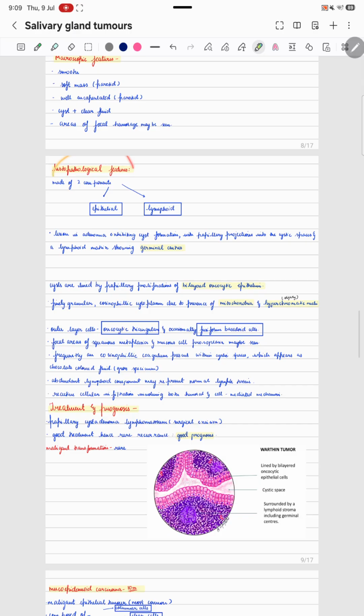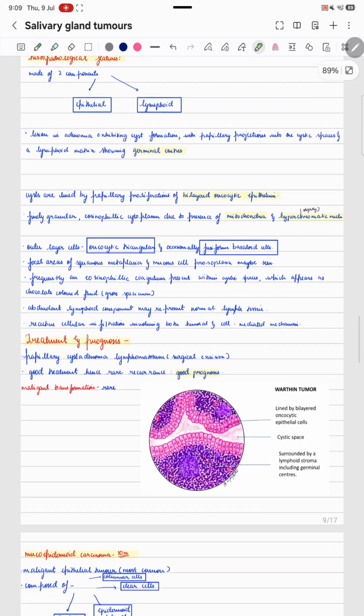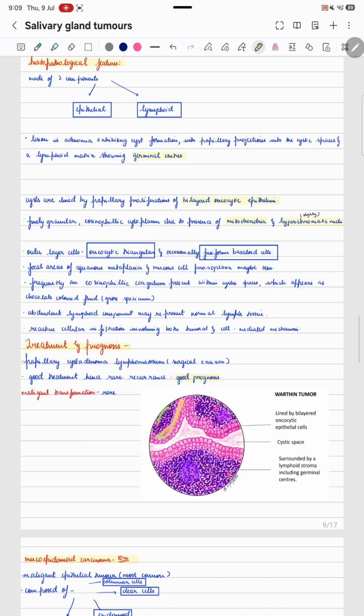Now histopathologically, this is the histopath. It is divided into two components, epithelial and lymphoid.